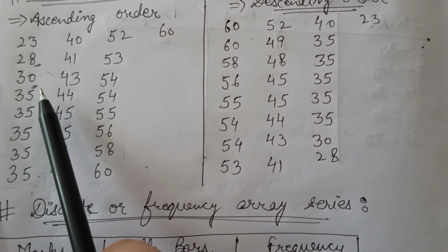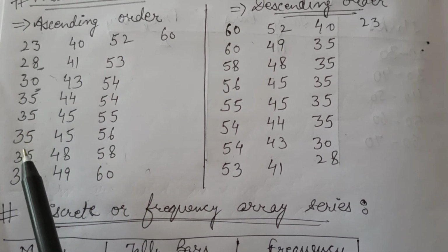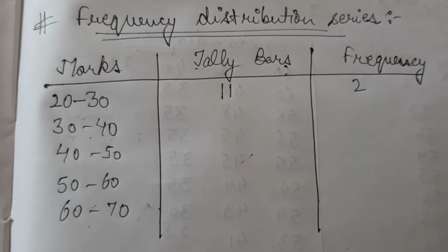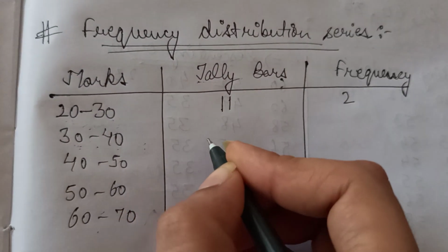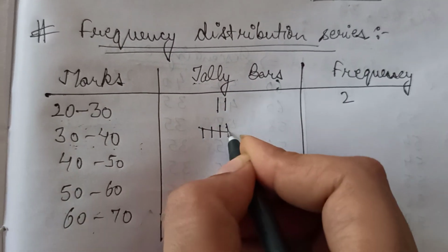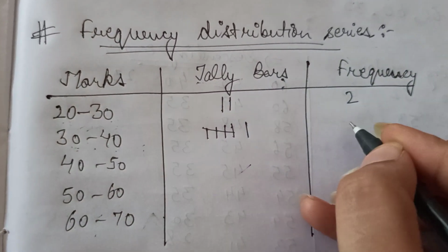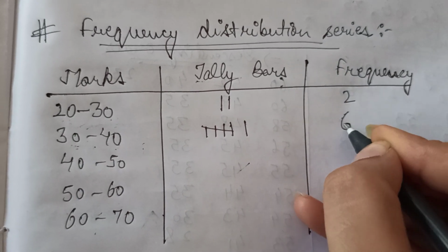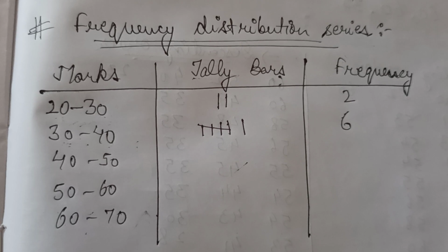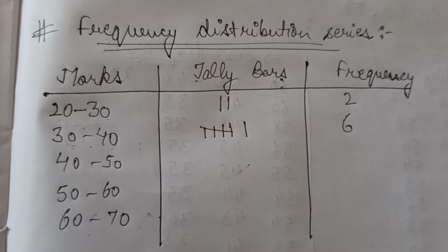So how many students will come under the class interval 30 to 40 is 6. So what we will do over here is, we will mark the tally bars as 6, 1 2 3 4 5 and 6, and under the frequency we will write down 6. Similarly we will mark the next class intervals and the frequencies also.